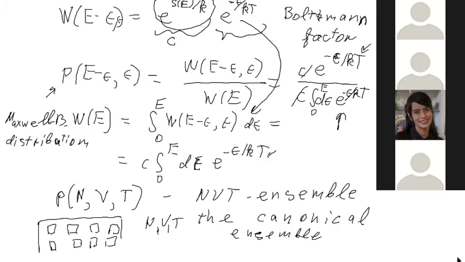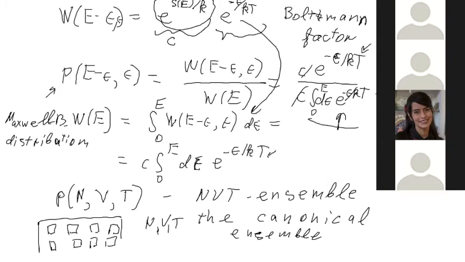No questions. So let me give you a bit more terminology. Actually, this integral here, when we already canceled this constant c, is called Z_N(V,T), the integral of d epsilon e to the minus epsilon over KT.